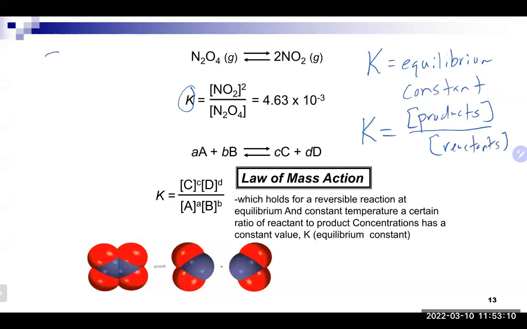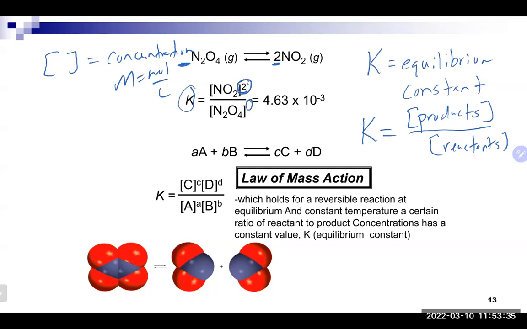A reminder again, the little bracket is concentration, which means basically molarity in most cases. And we also take the coefficients in the balanced equation. So we take the 2 here and it becomes the exponent. The coefficient here is 1, so that's why there's nothing written there.